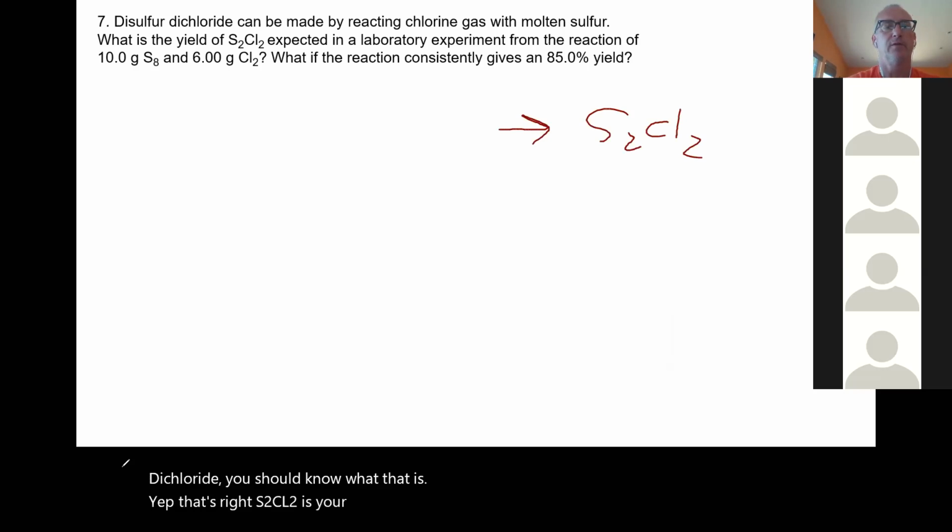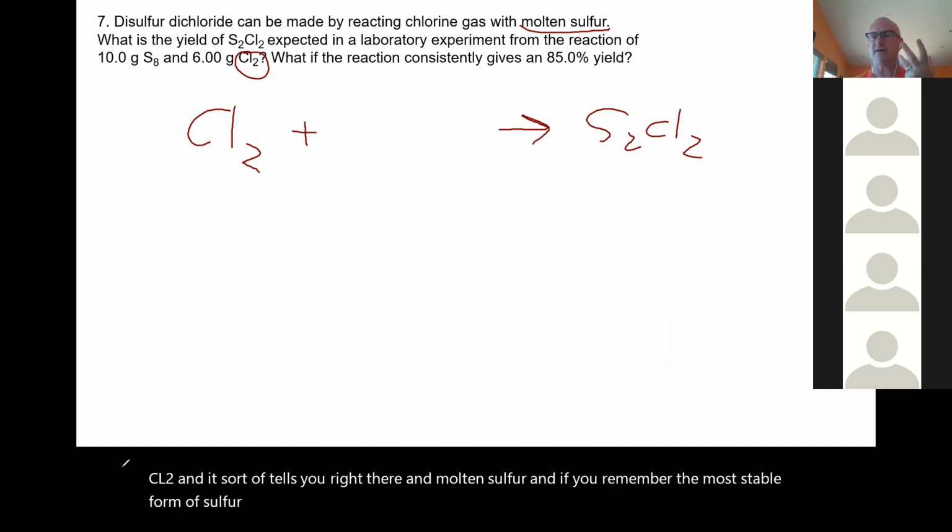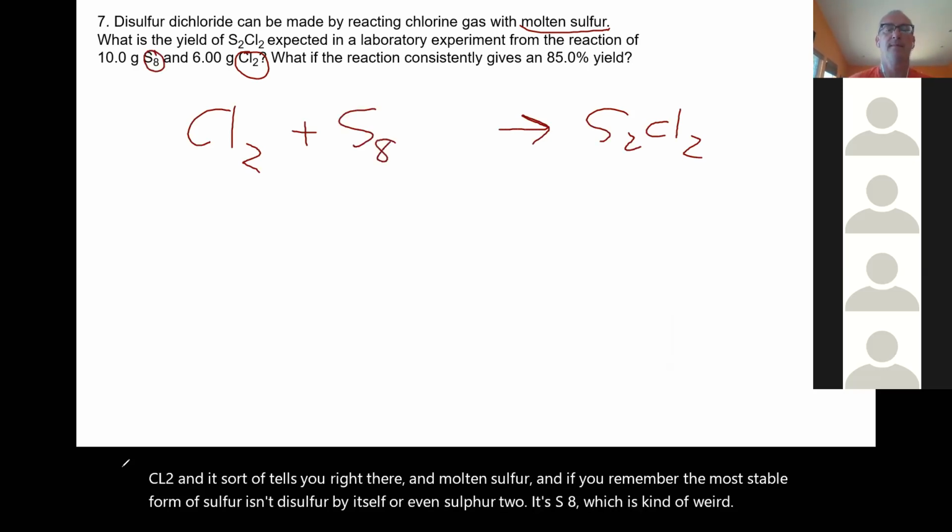And you make it by reacting chlorine gas. So remember, chlorine gas is not chlorine, it's Cl2. And it sort of tells you right there. And molten sulfur. And if you remember, the most stable form of sulfur isn't just sulfur by itself or even sulfur 2. It's S8, which is kind of weird. So basically, you have to balance this equation.